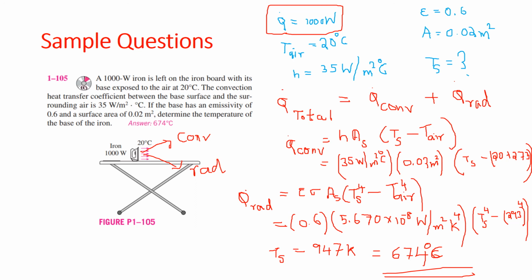So I feel I have covered two good questions in this chapter, one from the conduction part and the second from the radiation part. I also took you through the three basic modes of heat transfer: conduction, convection, and radiation. We also went through the summary.